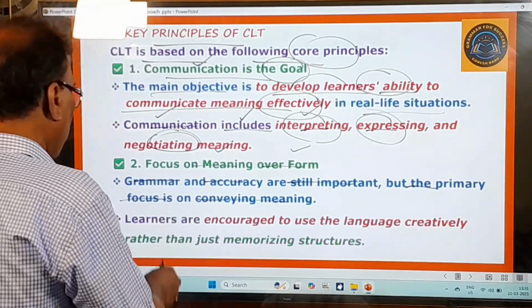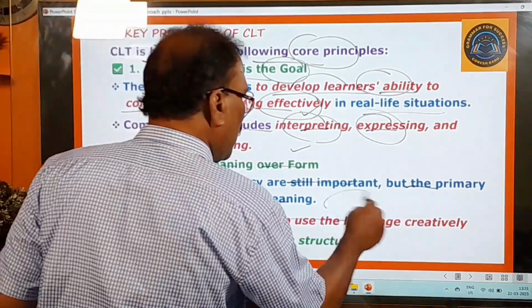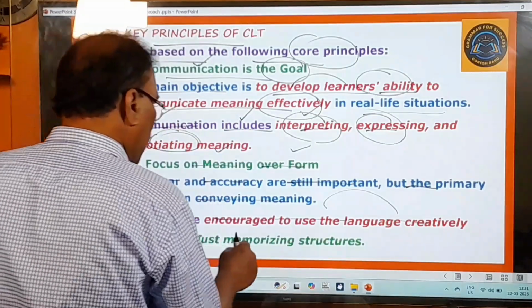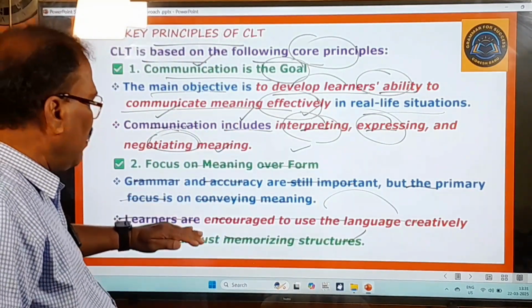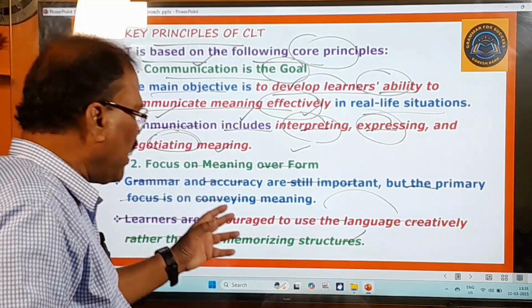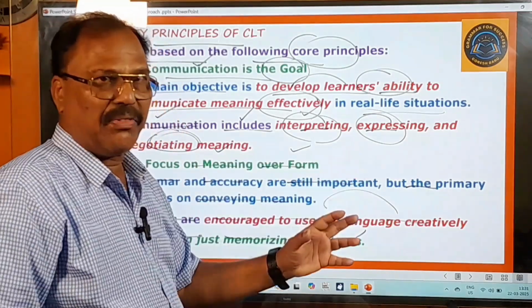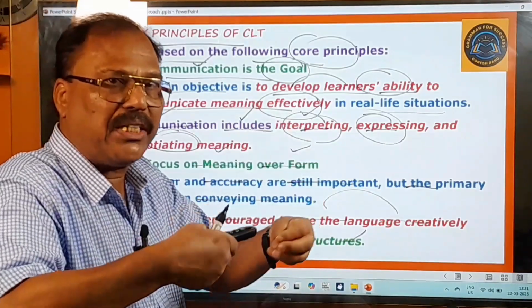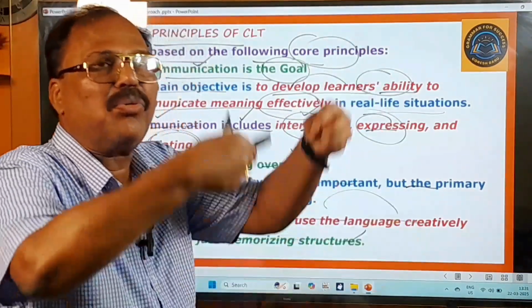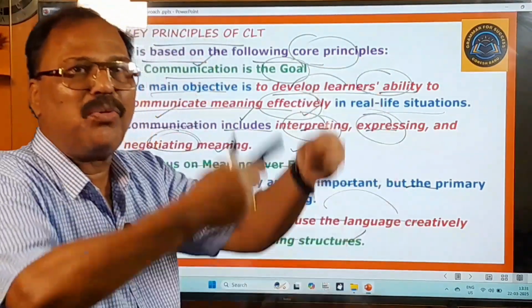And you go to the next one. Learners are encouraged to use the language creatively rather than just memorizing structures. So in this CLT, the learners are encouraged to use the language creatively. That means, once they learn something, they must be able to create new sentences, new thoughts, new feelings, new ideas.